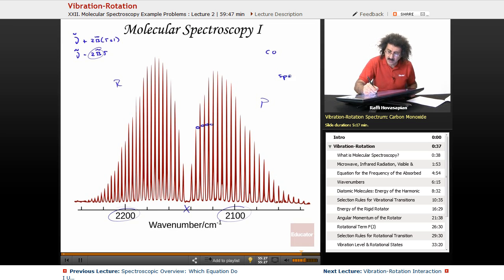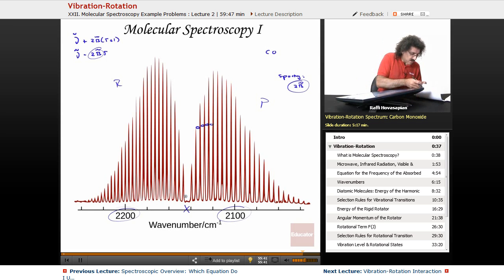So the spacing between them is 2b. That's it. We see absorptions. So that's what's going on there. Now let's go ahead and see what else we have to say about this. And once again, notice there is a non-existent Q branch here.